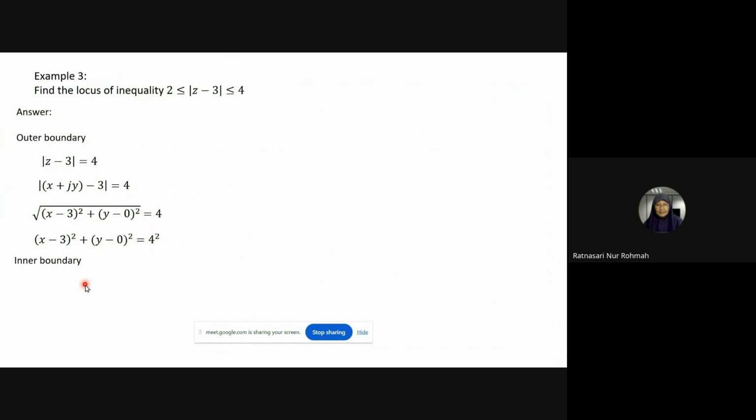Now we calculate the inner boundary. We calculate the magnitude of z minus 3 equal to 2. Again, x plus jy is the z variable in a real part variable and an imaginary part variable.